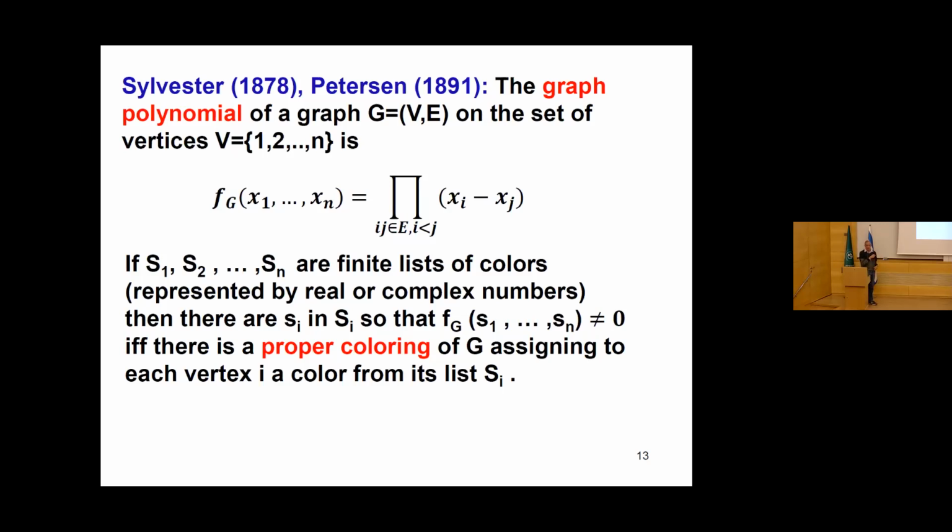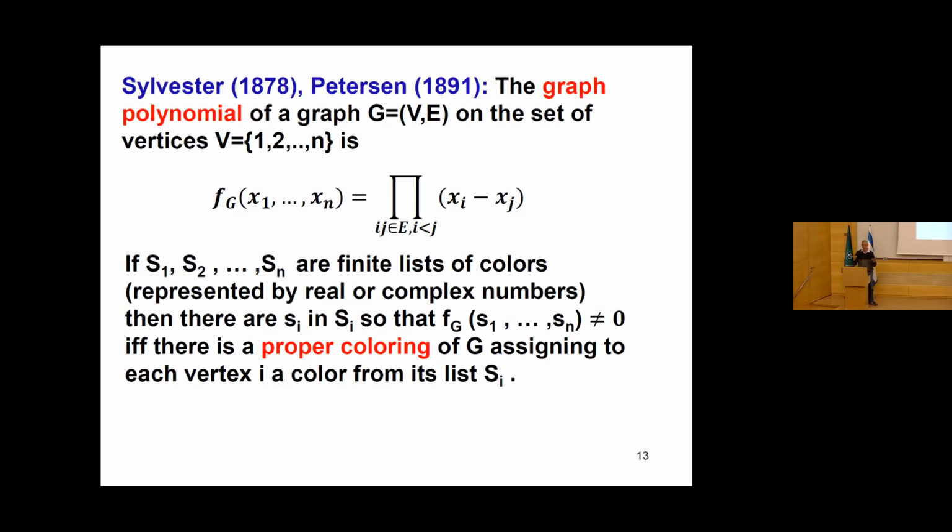Now note that this polynomial, although this was not their motivation, is very convenient when we are dealing with coloring problems. Why? Because if we have sets S_1, S_2, up to S_n, and each of them is a list of colors, we can think of lists of colors as really represented by real numbers or by complex numbers. Then there are some s_i in S_i so that when I substitute them in the polynomial, I get non-zero if and only if there is a proper coloring of the graph assigning to each vertex a color from its list, right?